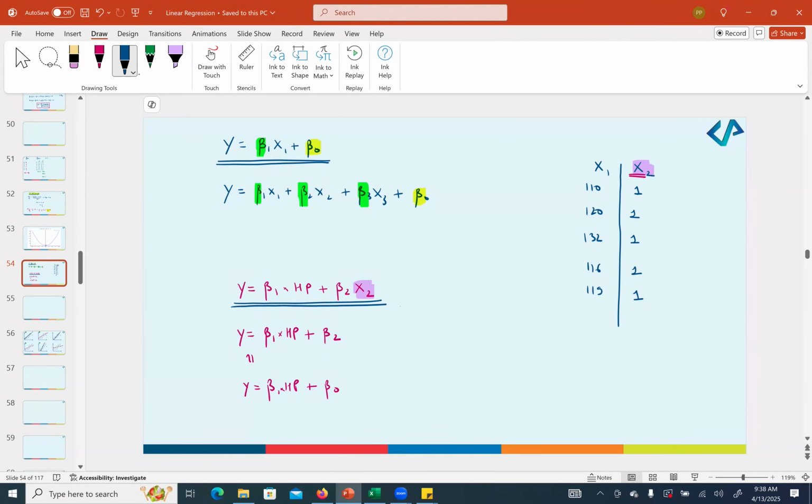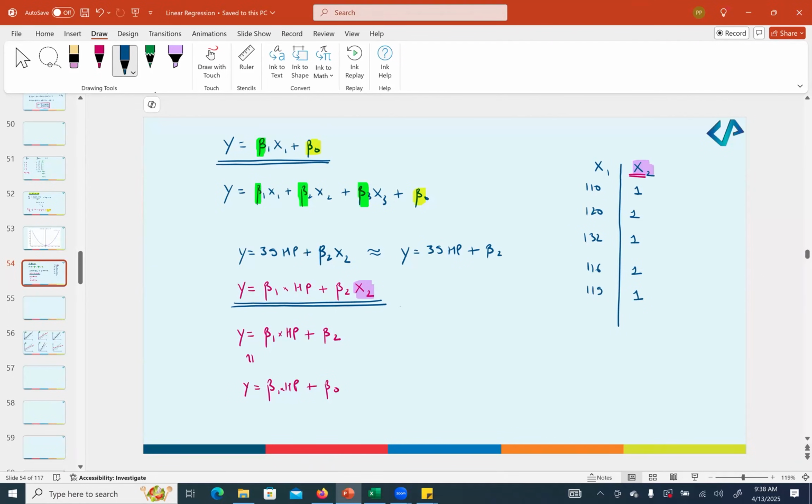Something like y is equal to 39 horsepower plus, sorry, my bad, not just x2, beta 2 x2. But what is the value of x2 everywhere? 1, 1, right? So I can simply write this equation: y is equal to 39, let's say, horsepower plus beta 2.